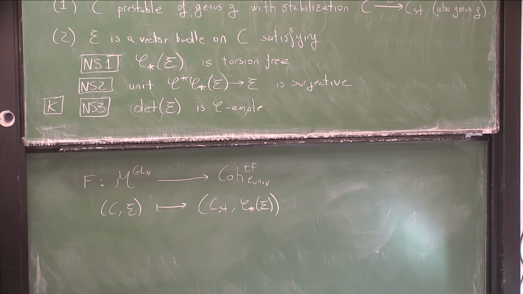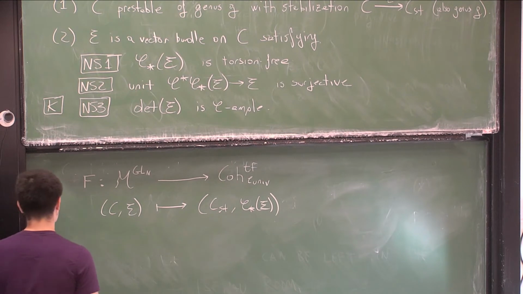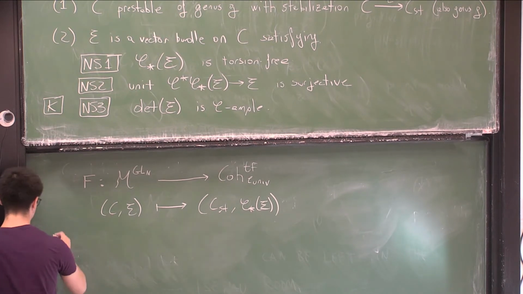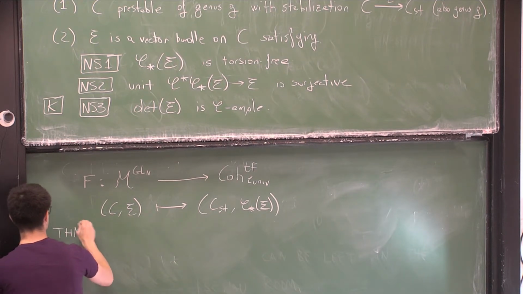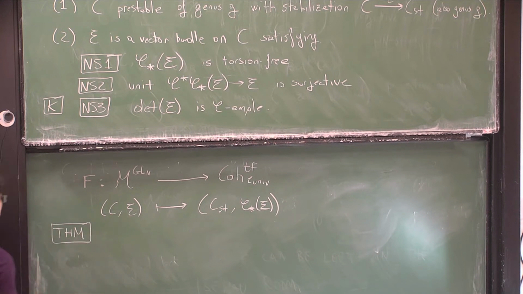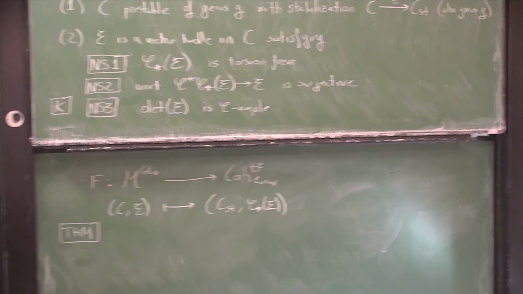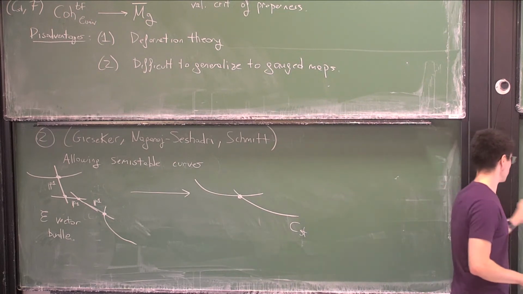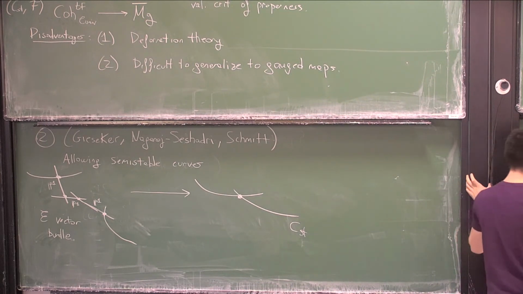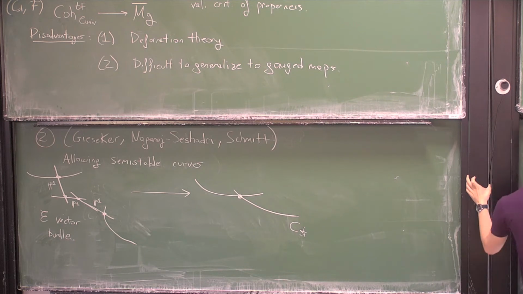And now I already have enough notation to state the main theorems, at least for the case of vector bundles. So here's the main theorem. Anytime I say theorem, it's going to be due to the ongoing work that we have with Dan Halpern-Leistner.